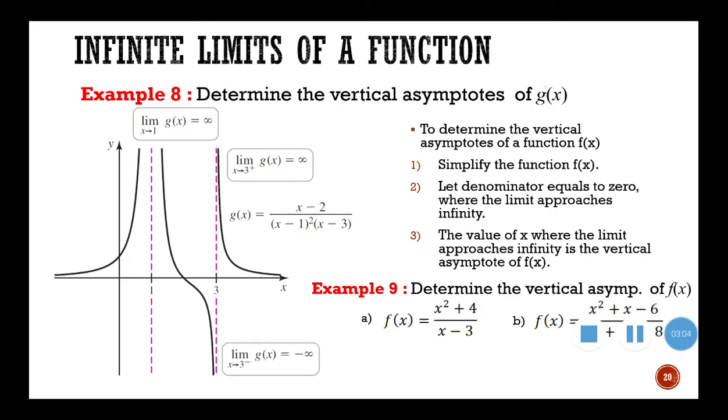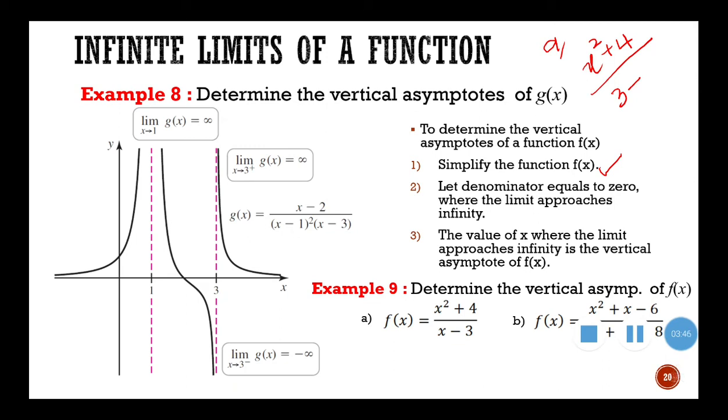Okay, so to determine the vertical asymptotes of a function, first you must simplify the function and then let the denominator equal 0, where the limit approaches infinity. So in this case, let's see a. How to make the denominator 0 is we put in the value of x as 3.